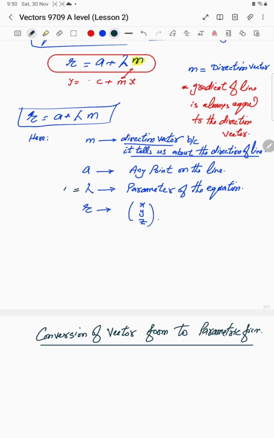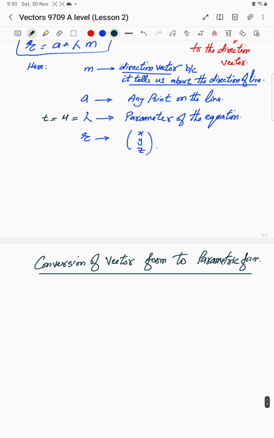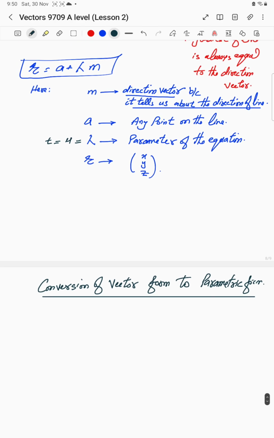In a few books it is written as mu, sometimes t, and it doesn't matter. Just stay with it as the parameter of the equation. And instead of r you can use any other alphabet, like a, b, c. Generally, commonly, the values used are what I wrote here. So here is the conversion of vector form to parametric form.